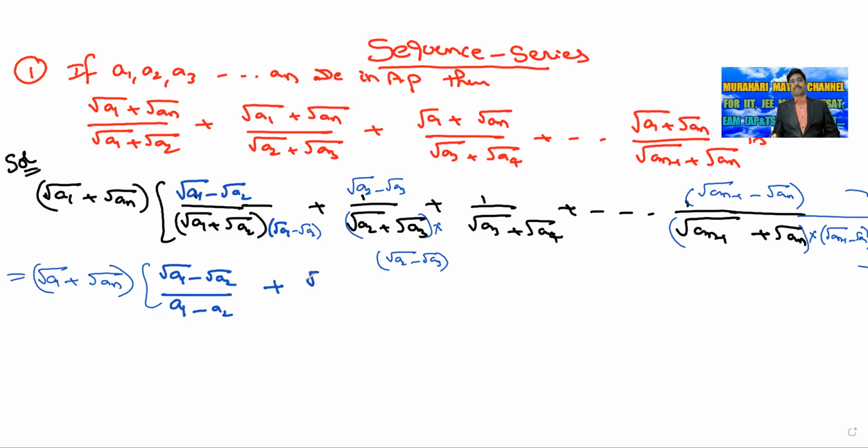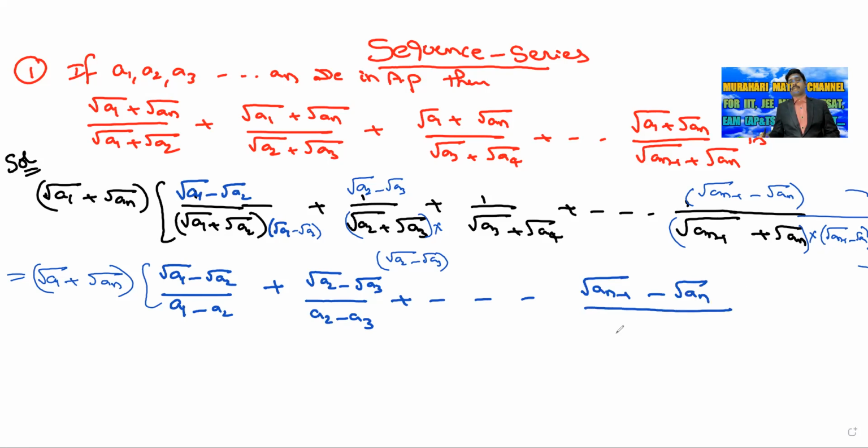The next term is (√A2 - √A3) by, the denominator also the same, A2 minus A3, and so on. The last term is (√An-1 - √An) by An-1 minus An.